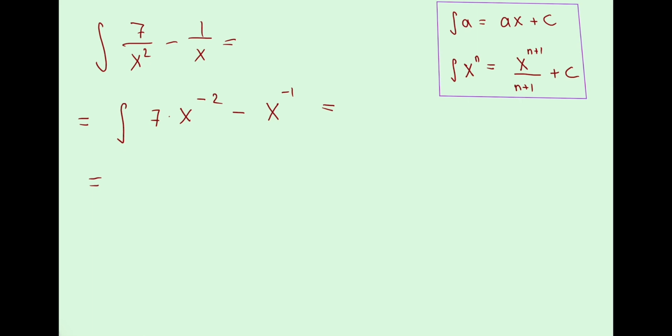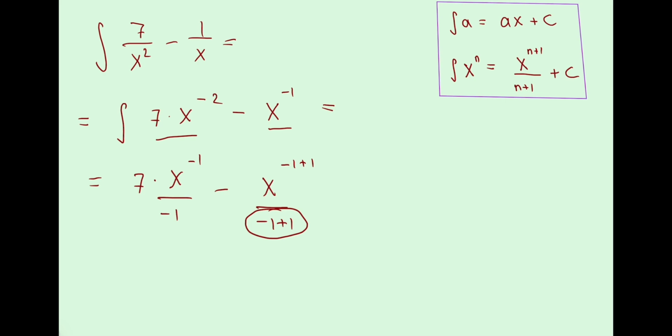So when we integrate this part, we will get 7 times x to the negative 1 power over negative 1, minus, now when we integrate this, notice that if we add 1 to this power, negative 1 plus 1 over negative 1 plus 1, we will get a 0 in the denominator.